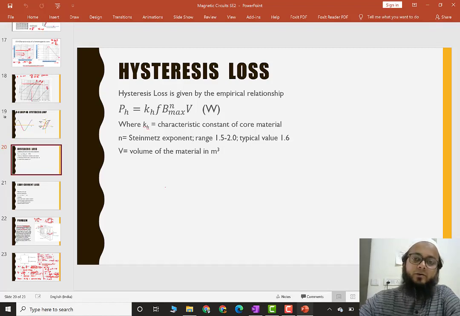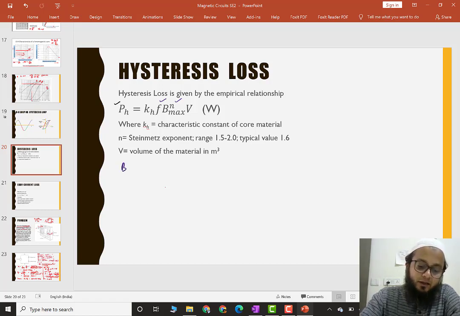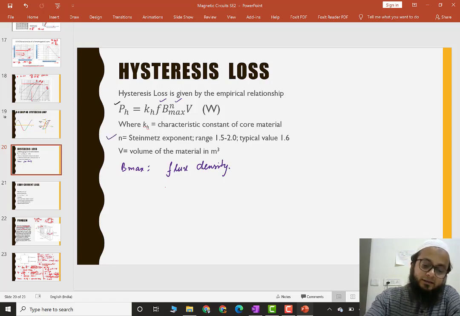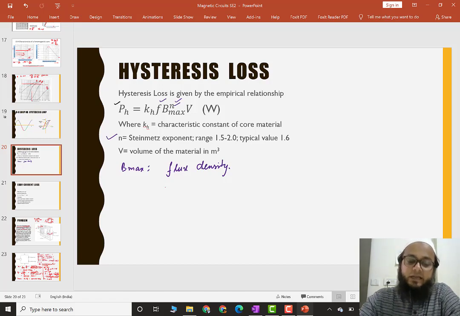So for that hysteresis loss, there is an empirical relation which is given by P_H, and this P_H is equal to K_H, some constant, and we said it's a characteristic constant of the core material, times the frequency and the flux at which it is being operated, where B max is the flux density, and n is Steinmetz's exponent, whose range is from 1.5 to 2.0, and typically for a ferromagnetic material which we generally use it is around 1.6, and V is the volume of the material.